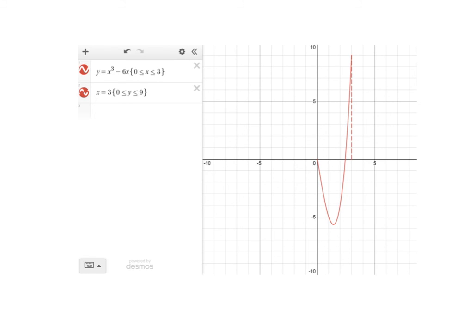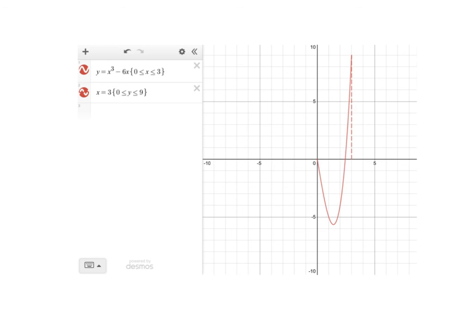So why did we have a negative answer for something that I said was an area under a curve? Well, let's look at the graph of x cubed minus 6x. That's the function we integrated. From 0 to 3, we're just going to focus on that part of the graph. And let's shade the area under this curve.